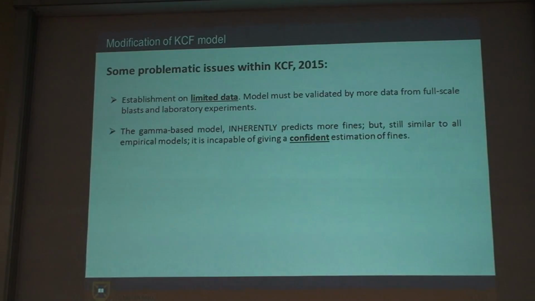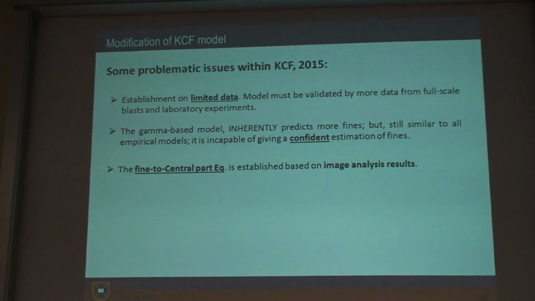Another problem is that the gamma-based model inherently predicts more fines. Still, similar to all empirical models, it is incapable of giving a confident estimation of fines. And maybe the problem is that we still cannot measure the correct amount of fines within a muck pile.